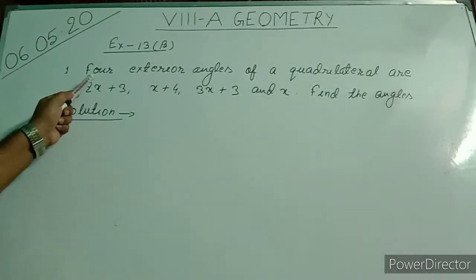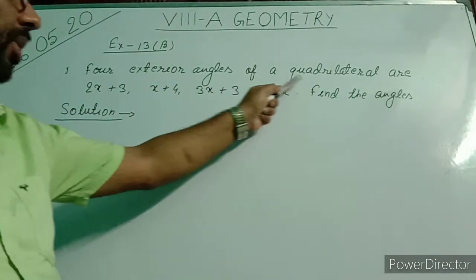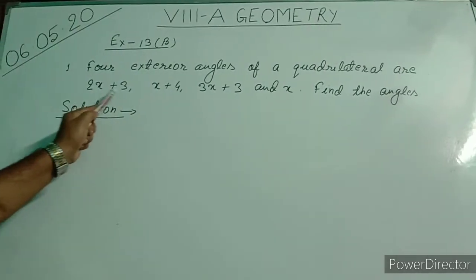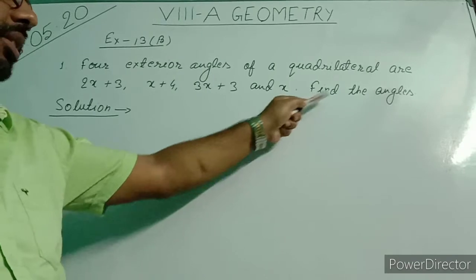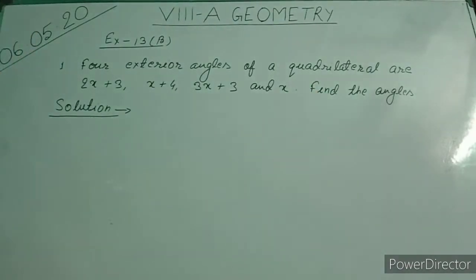The question is, the four exterior angles of a quadrilateral are 2x plus 3, x plus 4, 3x plus 3 and x. Then find the angles. In the last exercise we have solved this.